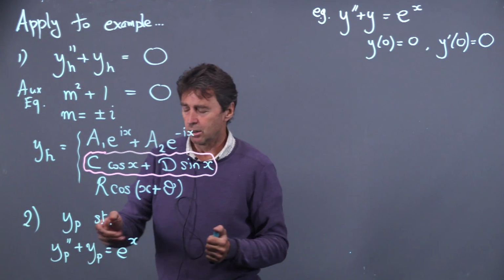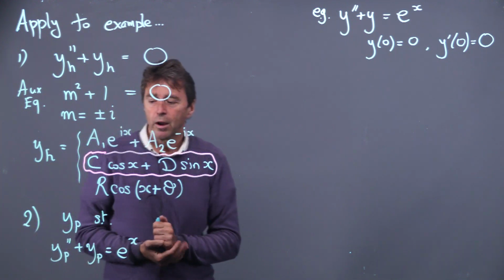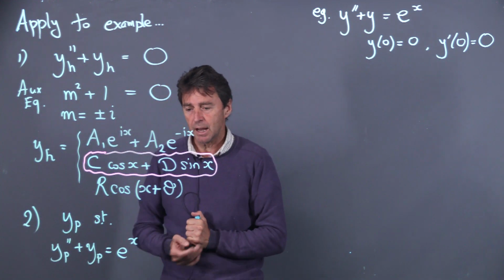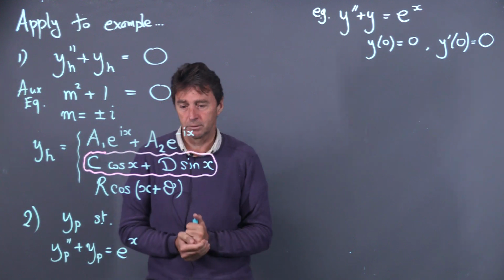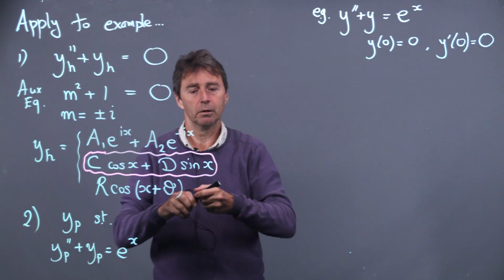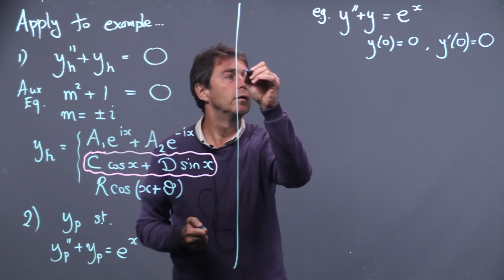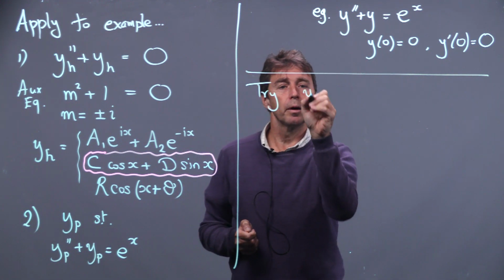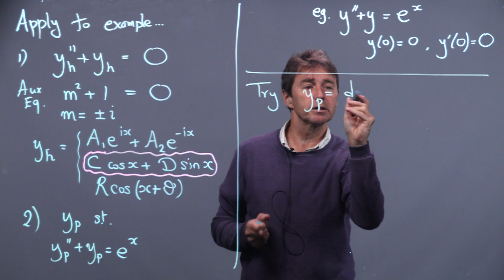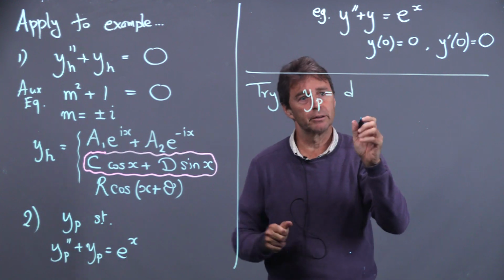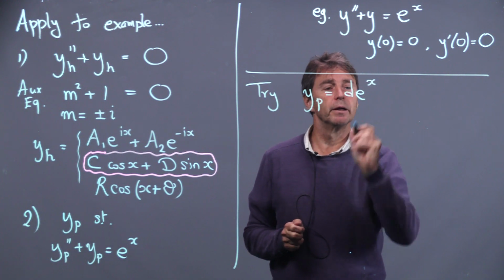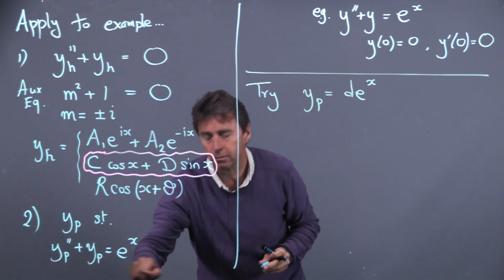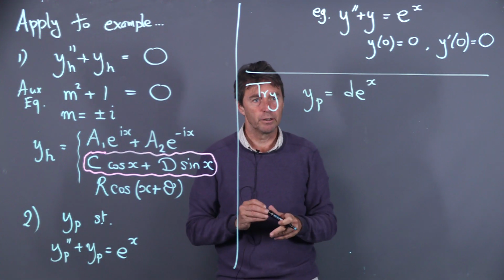So I've just got to arrange whatever constant I put in front of the e^x so that I get exactly 1 times e^x there. That's how it works. So let's try it. I'll try yp equal to some constant d that I'm going to pick to make sure it works, and then I'm putting an e^x in there because I know that gives me the right function when I differentiate it.